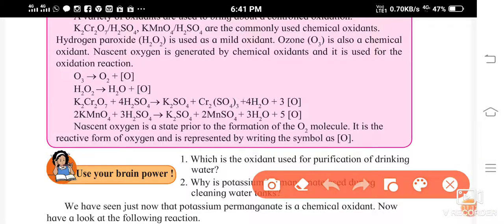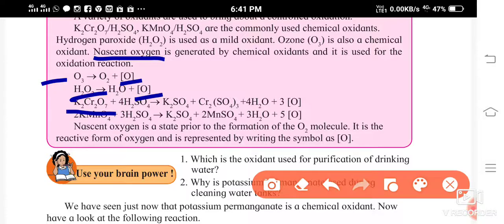So these oxidizing agents are going to provide nascent oxygen for the oxidation reaction. Ozone, O3, provides nascent oxygen. Hydrogen peroxide again provides nascent oxygen.